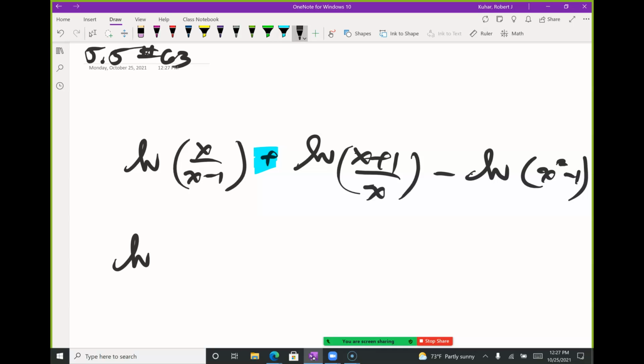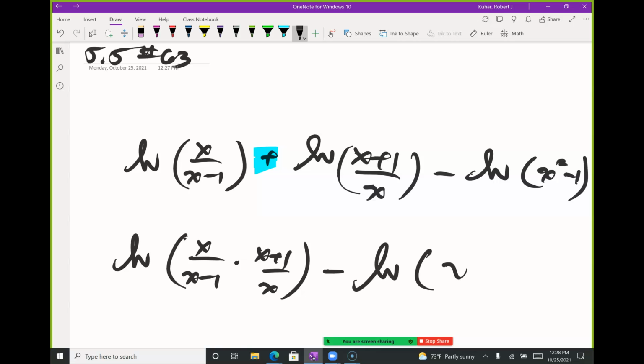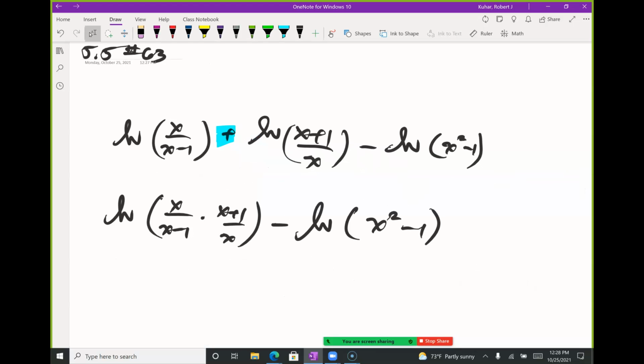So I've got the ln of x over x minus 1 times x plus 1 over x. That simplifies a little bit. I can cancel those, and so I have this problem now: ln of x plus 1 over x minus 1.